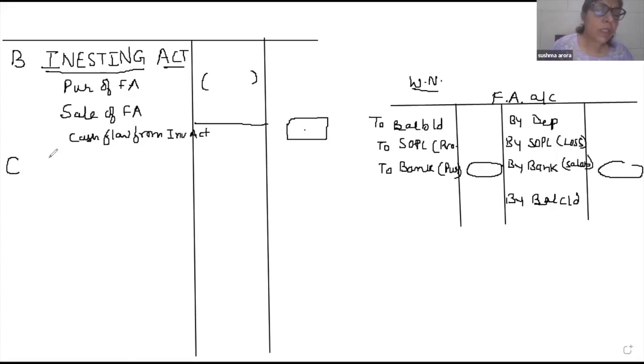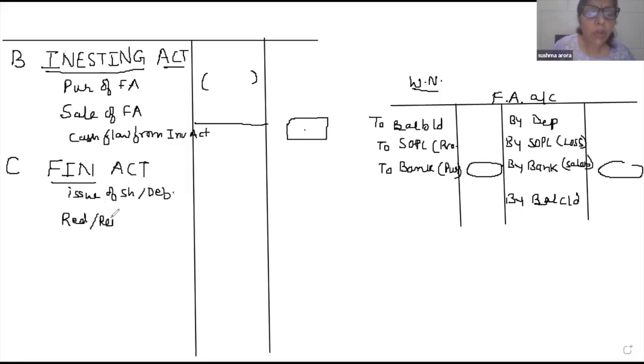Now come to the third activity, that is financing activity. For financing activity, you have to see issue of shares, debentures or long-term loan taken, and redemption or repayment or buyback of shares or debentures. So if that is repayment or redemption, that is in minus, means outflow.